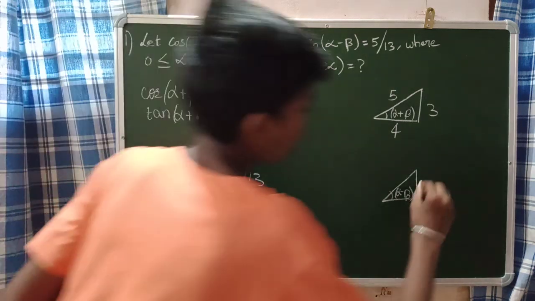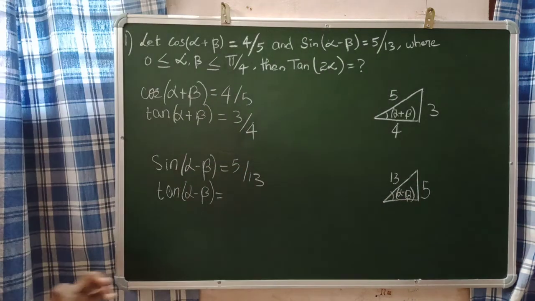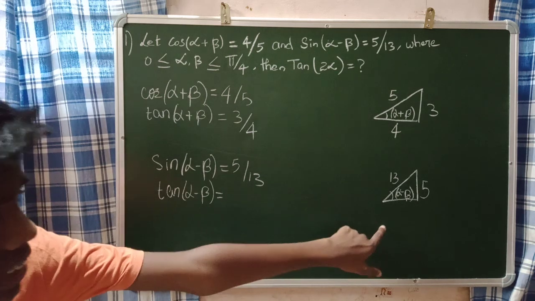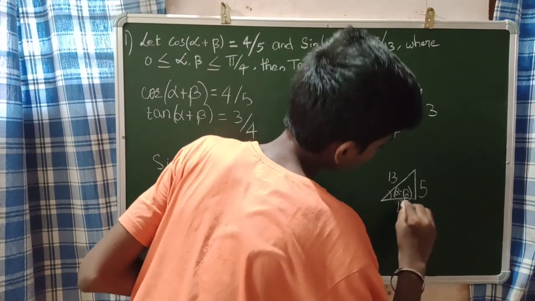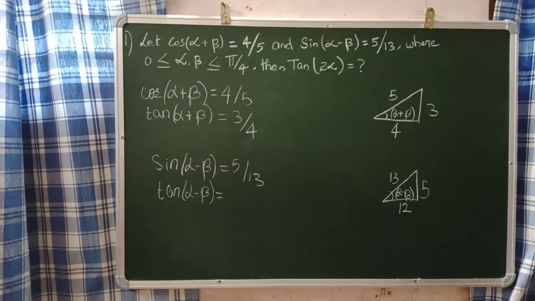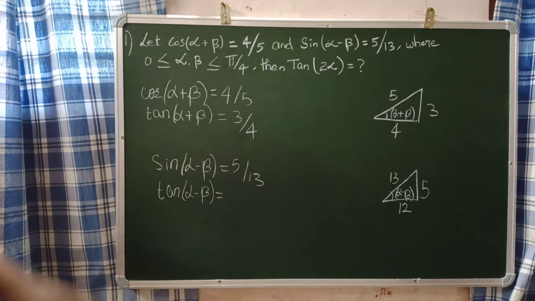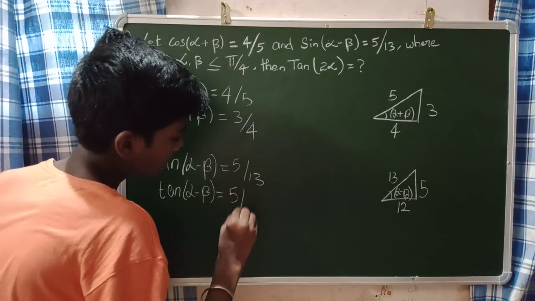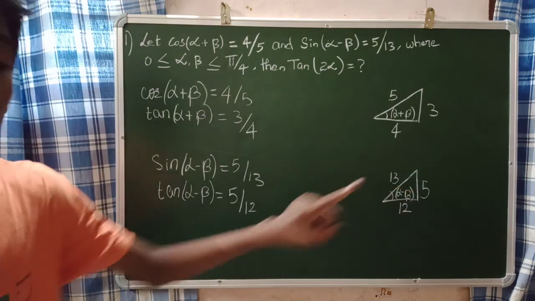That means your opposite is 5 and hypotenuse is 13, because sin theta is opposite divided by hypotenuse. So what will be the value of adjacent? That will be 12. How? Pythagoras. 13 squared minus 5 squared is 144. Root of 144 is equal to 12. If your adjacent is 12, then tan(alpha - beta) will be 5/12, as tan theta is opposite by adjacent.